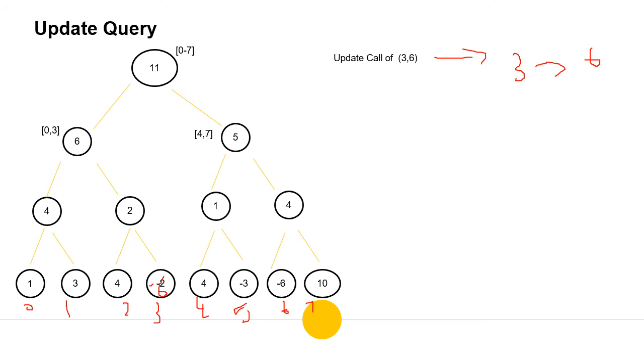So in this way, this second level node will get changed to 10, which causes the change to this node, and this will change to 14, which will cause change in our root node, and here this node will change the value to 19.